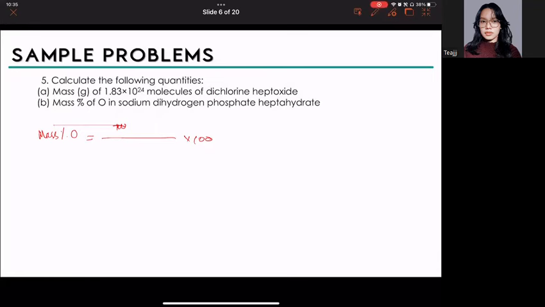una tayo muna. What's sodium dihydrogen? Dalawang hydrogen. Phosphate is PO4. Heptahydrate meaning hydrate meaning H2O and hepta meaning 7. So ilang oxygen meron dyan? That's 4 plus 7 times 1.